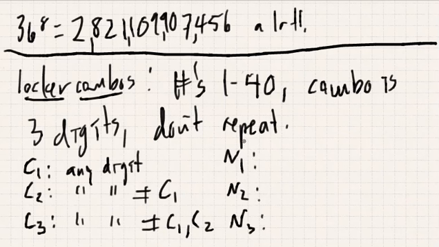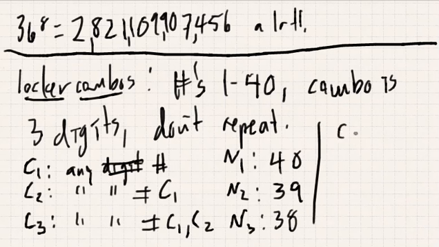Well, for the first case, I've got 40 different numbers to choose from. In the second case, I could choose any of the 40 except for the one I already chose, so I've only got 39 choices, one fewer choice. For the third choice, I've got 2 fewer choices. It can't be the first digit we chose, it can't be the second digit we chose, it can be any of the other 38.